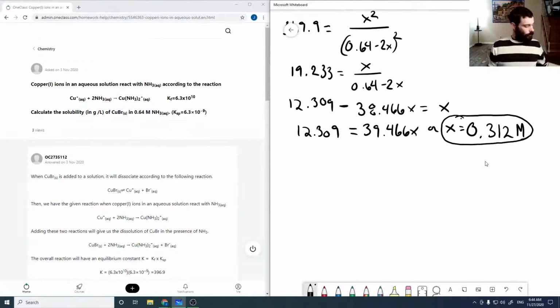Okay, so that is our amount, but this is in moles per liter.